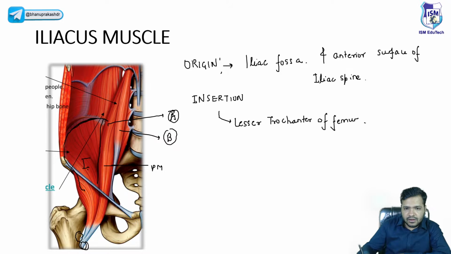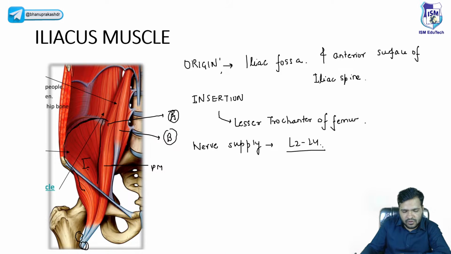Right, now coming on to the nerve supply of the iliacus part, it is L2 to L4. Okay, L2 to L4.